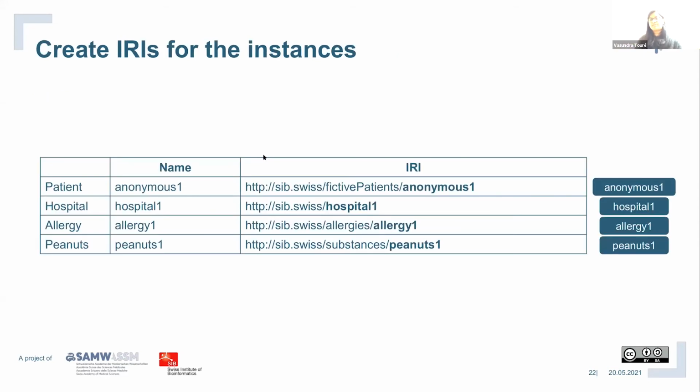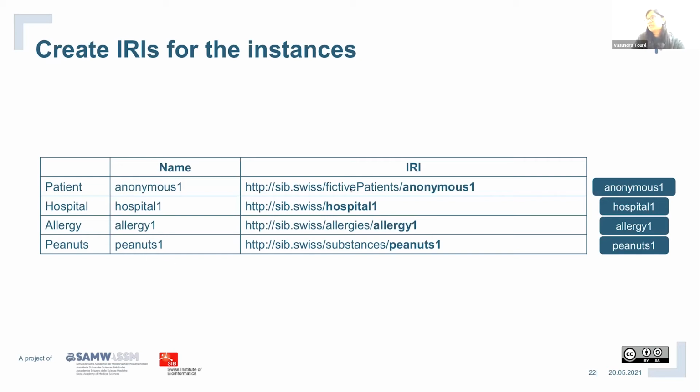So what we do first is that we create IRIs for the instances or the data that we want to model. So the instance data that we have are the anonymous one, the patient, the hospital one, which is the specific hospital we're going to, the allergy one, and the peanuts one.